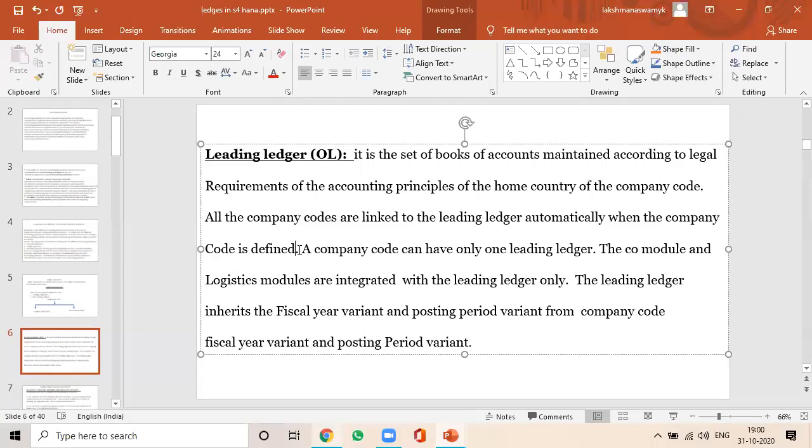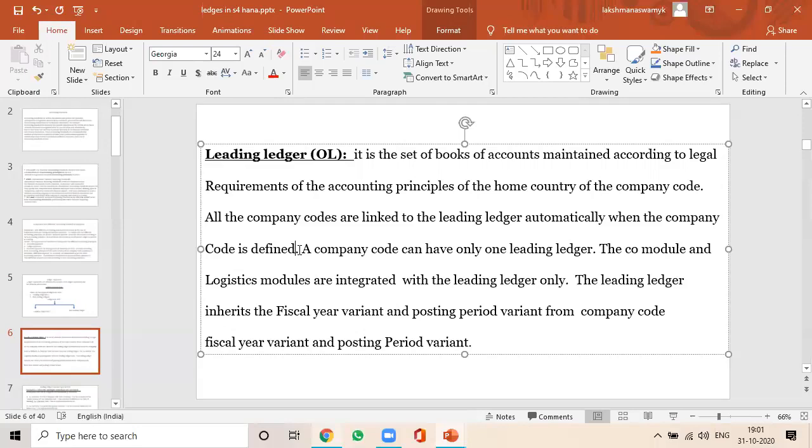And the leading ledger is represented with 0L. It is already defined in the system. When you create the company code, whatever country it may be, maybe a US company code, UK company code, Indian company code, whatever it is, the system automatically assigns the leading ledger to that company code, right?